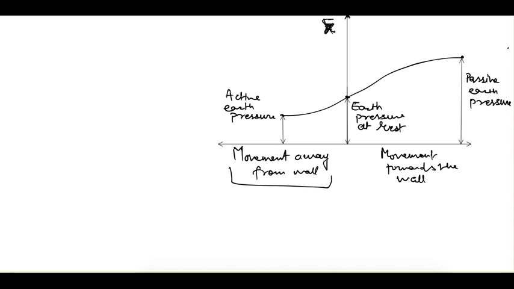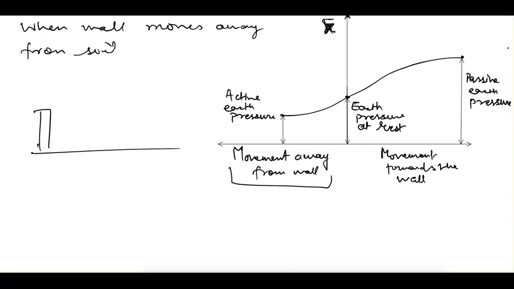So next is when the wall moves away from soil. So this is the wall and we have filled this backfill. Now let's say this wall and this foundation system, or whatever the base is there, is not rigid. Because of this pressure, the wall moves away.